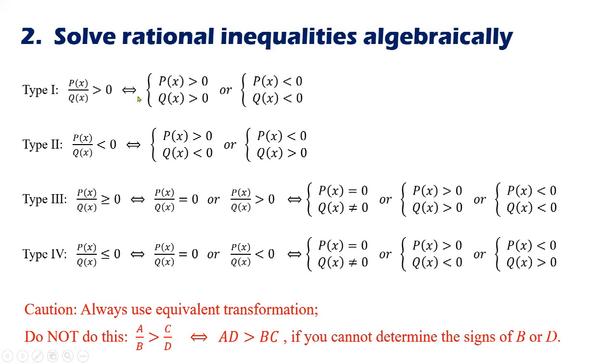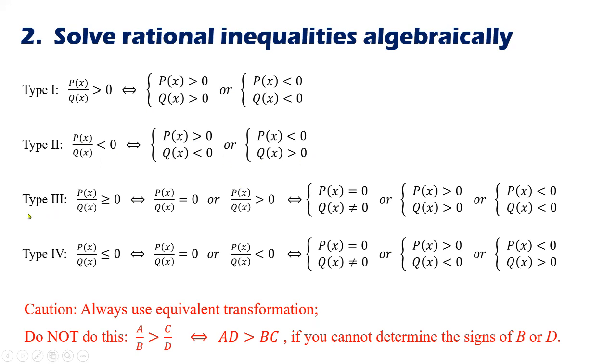So that means they can either both be positive or both negative. Understand? And similarly, for the second type, if you have p(x) over q(x) less than 0, this means the signs of the 2 expressions must be different, right? So that means either you have p(x) greater than 0 and q(x) less than 0, or you have p(x) less than 0 and q(x) greater than 0.